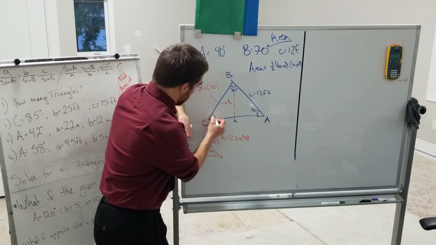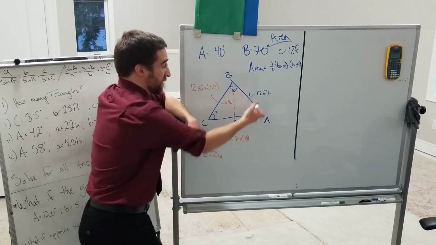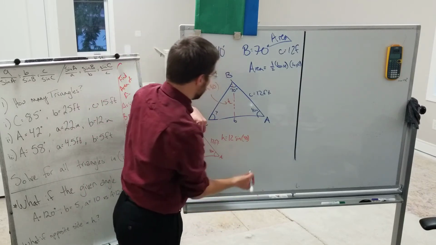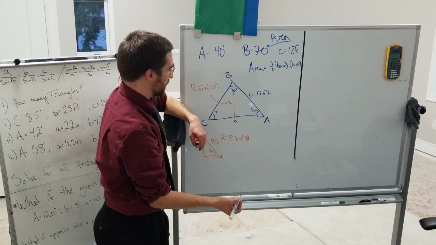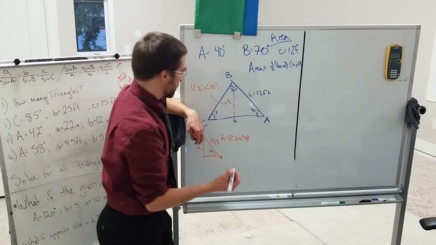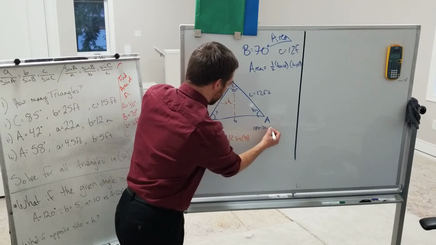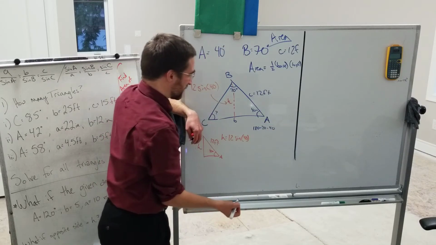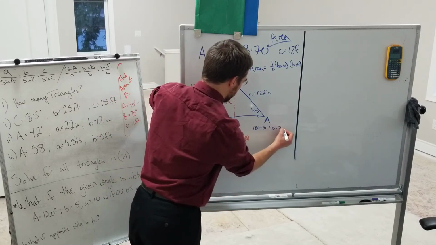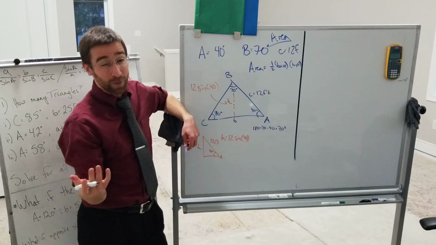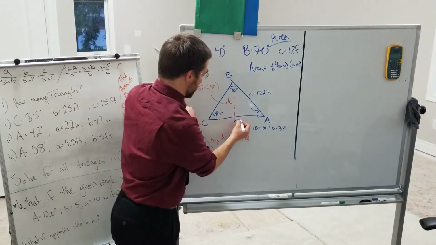What's this angle here? I know side C. What's angle C? Oh no, did I make this really easy? I did. Oops. That's okay. 180 minus 70 minus 40 is going to be 70. So this is a 70-degree angle, which tells us that this is going to be 12 feet.